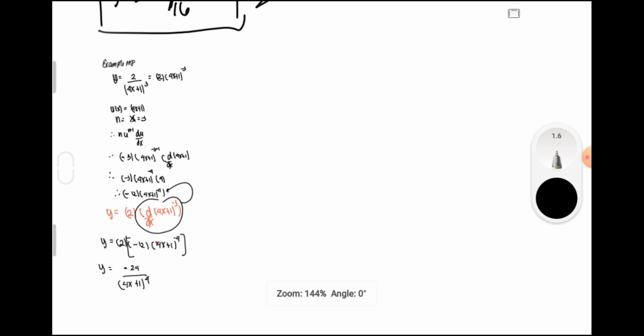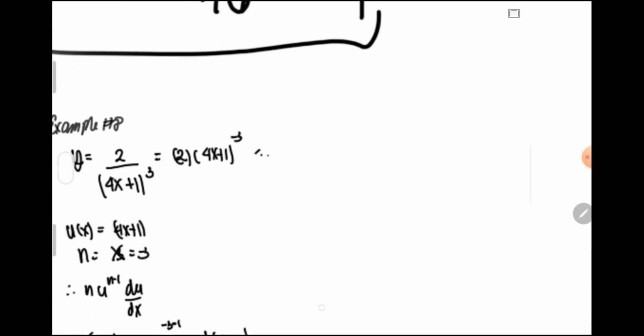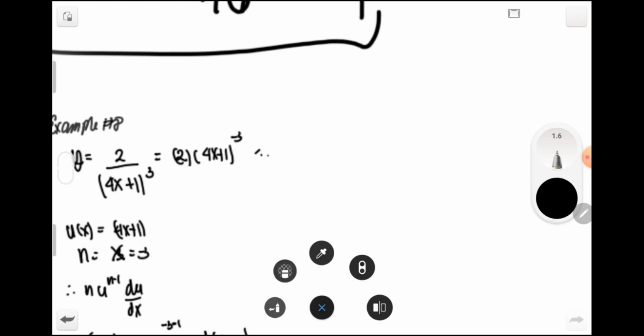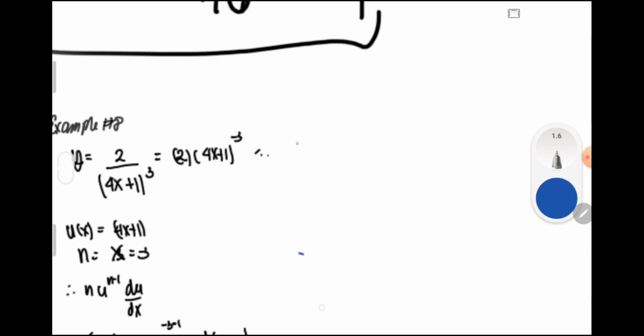Okay, pag gumamit ka ng quotient rule mo, yung magiging u mo dito will be 2. Ang gagawin mo dito, yung magiging u mo will be equal to 2, yung v mo will be equal to 4x plus 1 raised to 3.